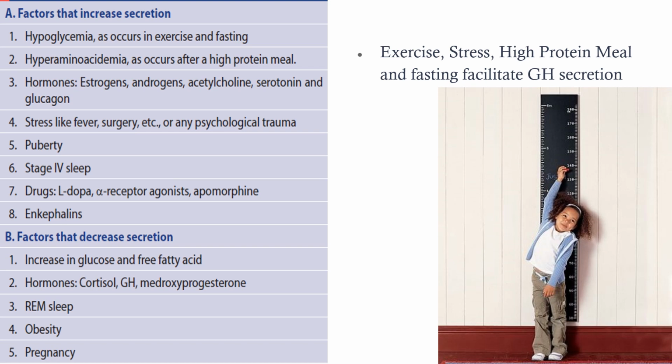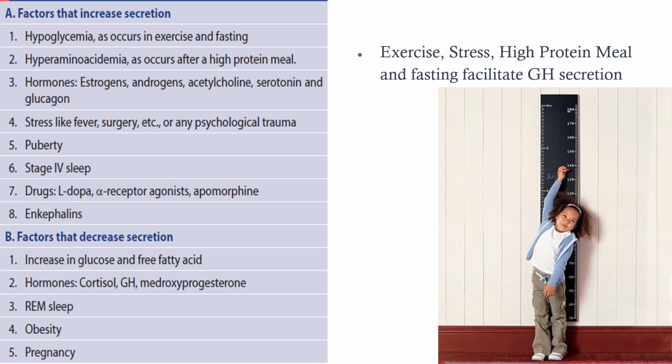There are various factors that regulate growth hormone secretion. The main influence comes from the secretion of GHRH, somatostatin, and insulin-like growth factor 1. The other factors that increase growth hormone secretion are hypoglycemia, as occurs in exercise and fasting, and hyperaminoacidemia, as occurs after a high protein meal, and hormones like estrogens, androgens, acetylcholine, serotonin, and glucagon.